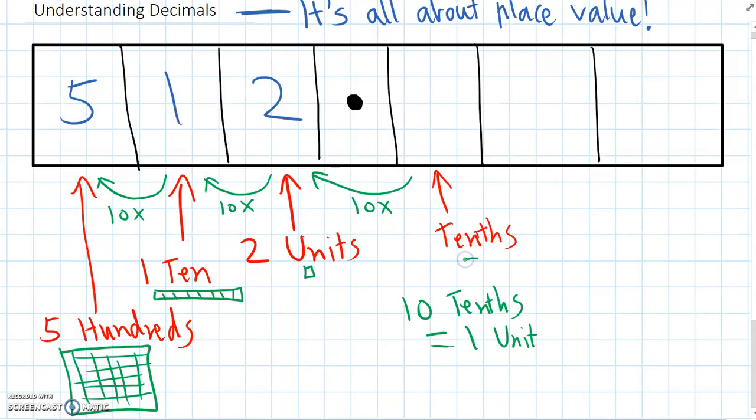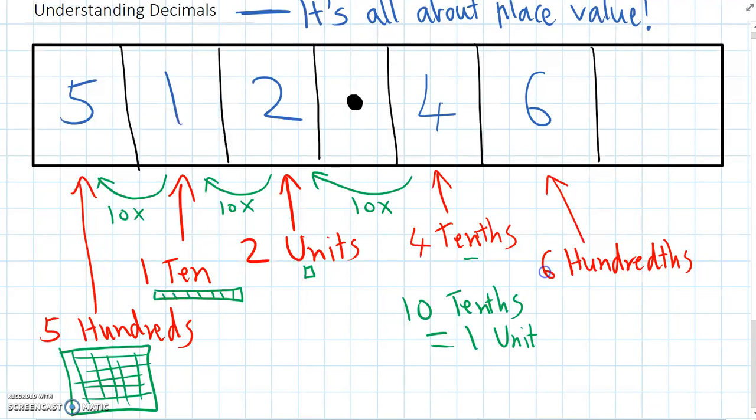Let's draw a proper line. There. So in our number here, let's say we have 4 tenths. Next, let's say we have a 6. The next place value along must be smaller again, and this is called the hundredths place value, and we have 6 hundredths in this case.